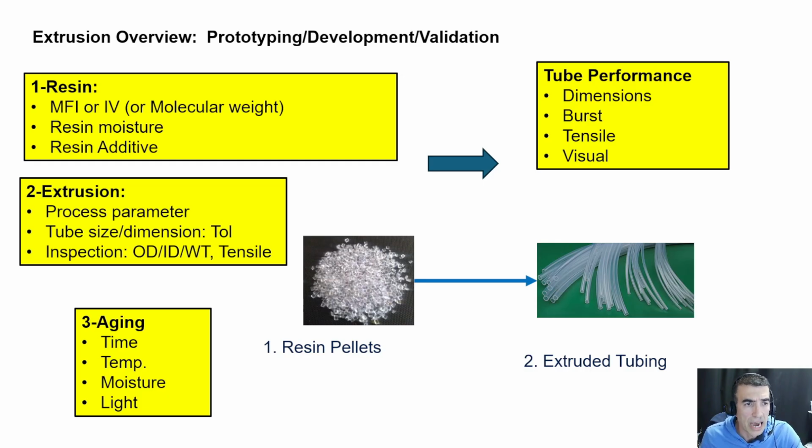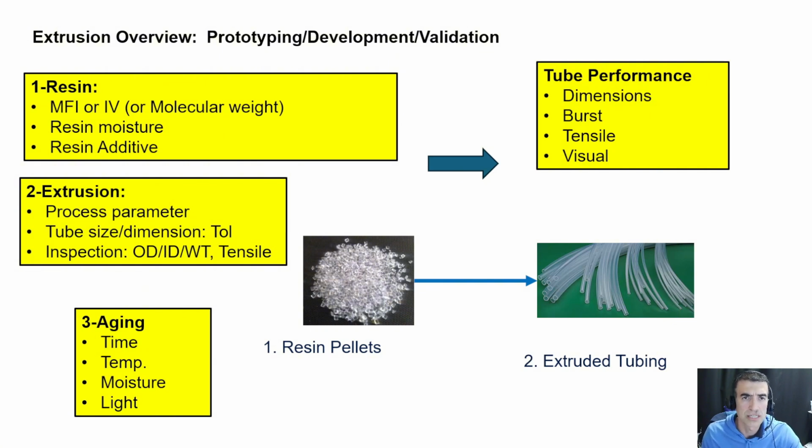After you produce the part, the very important thing is the aging effect, like how much time, temperature, moisture, and light would alter the final product. And basically, how do you evaluate your final product? What is the tube performance?